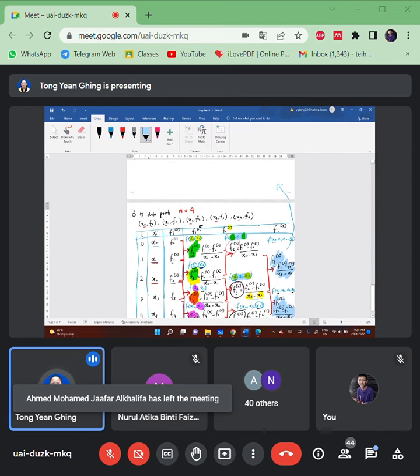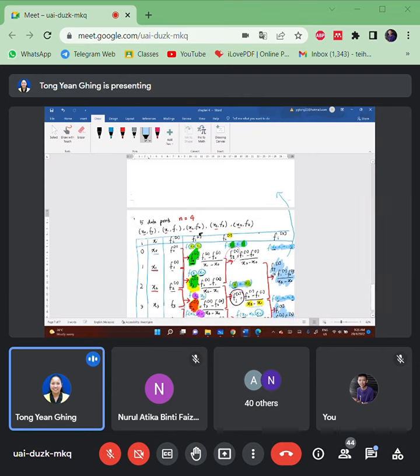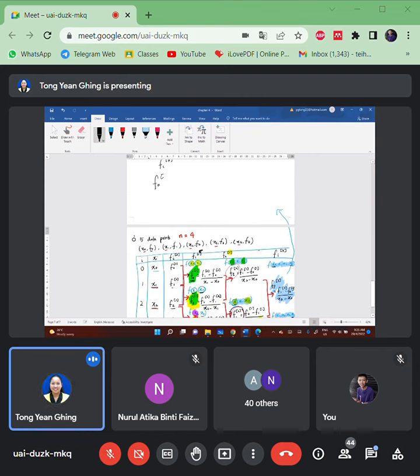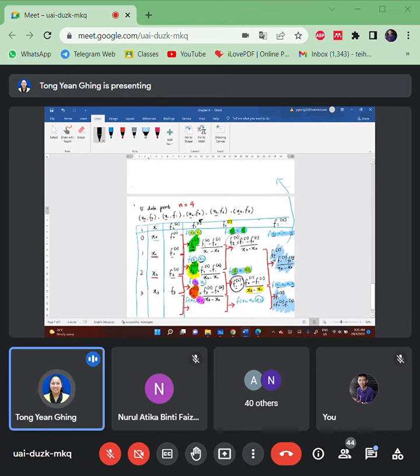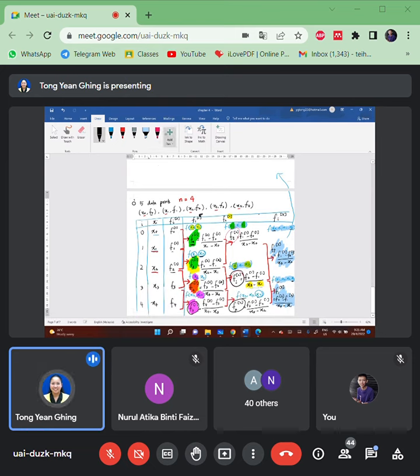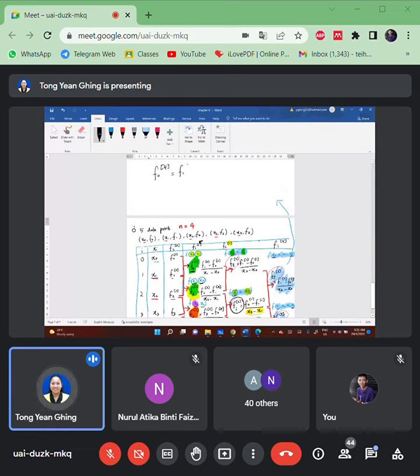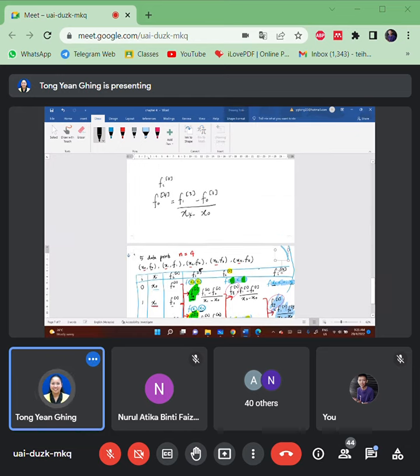We have to consider from x0 until x4. So F0 fourth divided difference equals F1 third divided difference minus F0 third divided difference, divided by X4 minus X0. So we have the fourth divided difference.